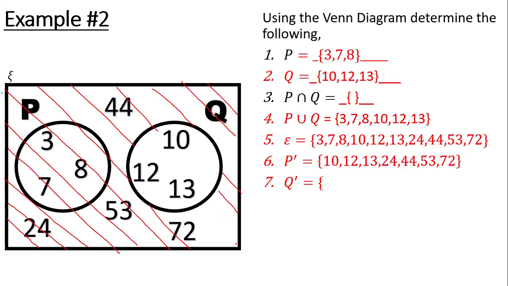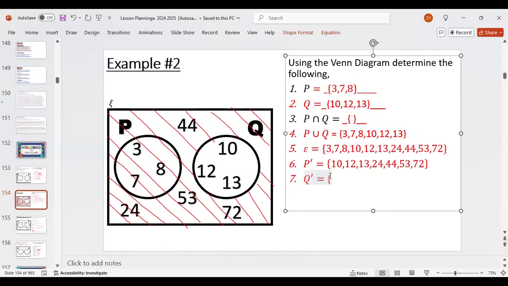So Q complement is going to be everything except for Q. So it's going to be what? Let's write this down. Y'all tell me the numbers y'all have. 3, 7, 8, 24, 44, 53.